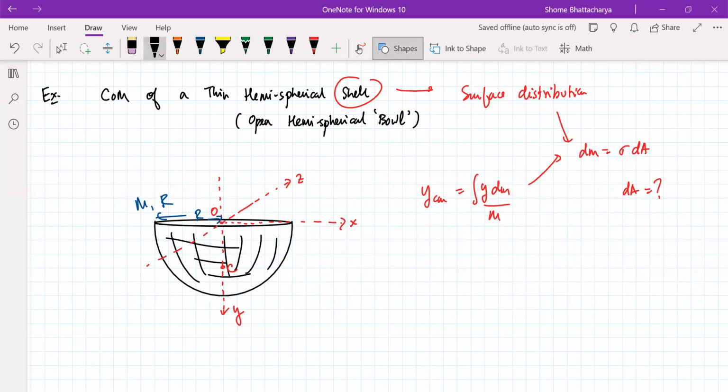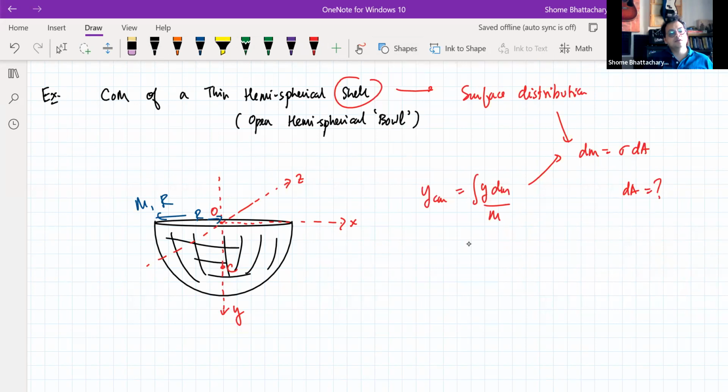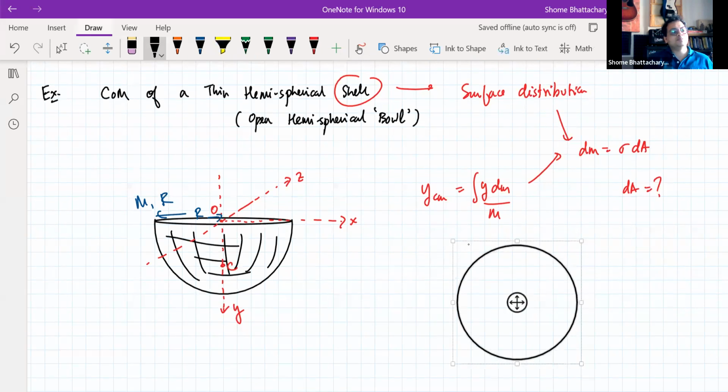Yes, exactly. Very good. If we slice the hemispherical bowl, imagine you're cutting it into thin slices, but using a plane to slice it, which is parallel to which plane? Parallel to the XZ plane. Then we will get thin rings, right? And those thin rings are all having the y-axis as the axis of symmetry. So it is going to be easy to understand that we can replace those thin rings with equivalent particles on the y-axis.